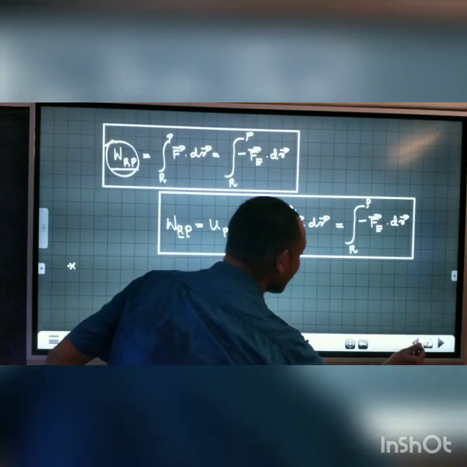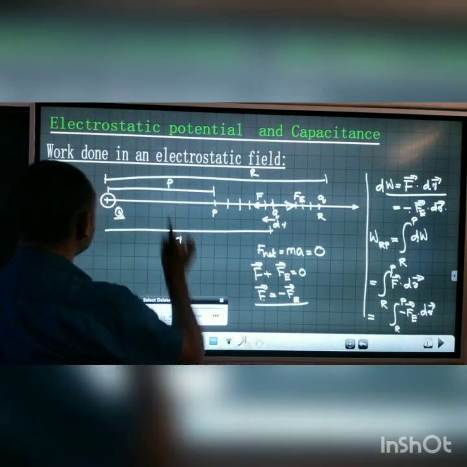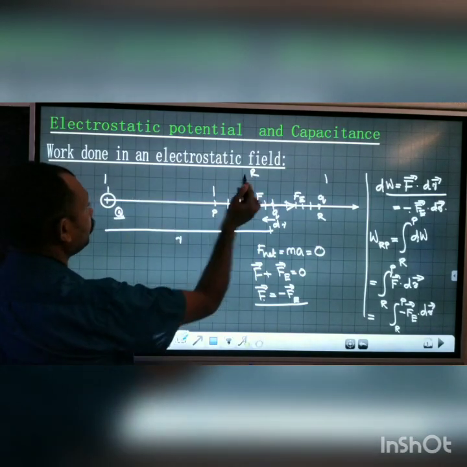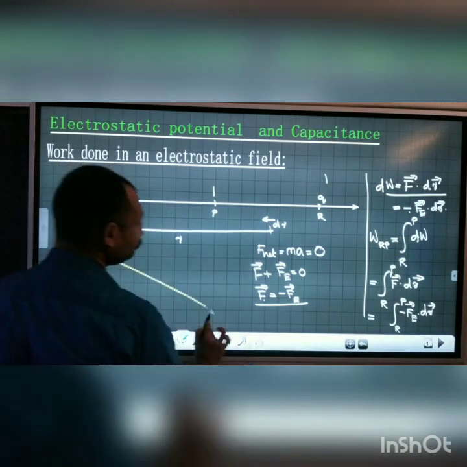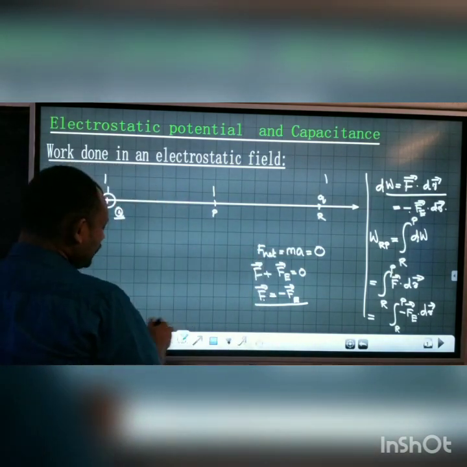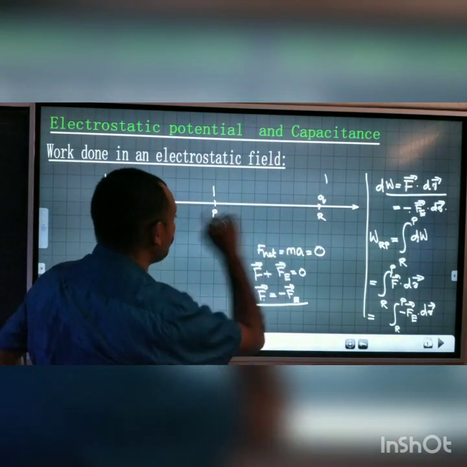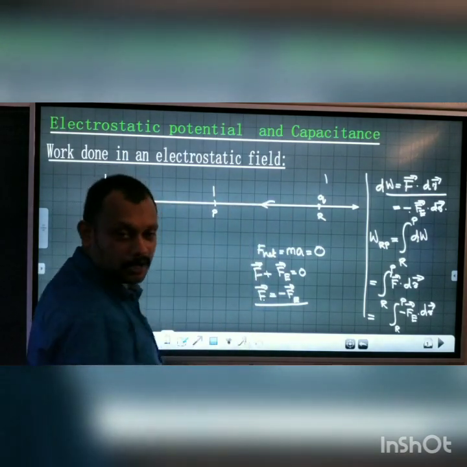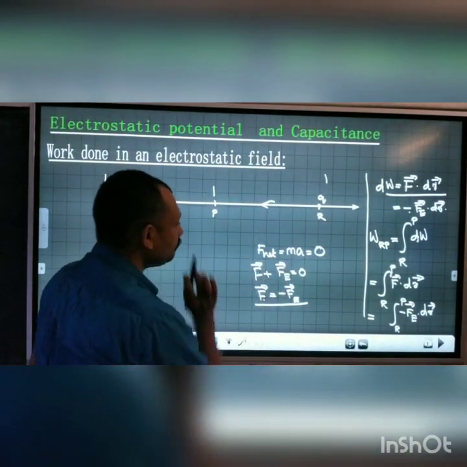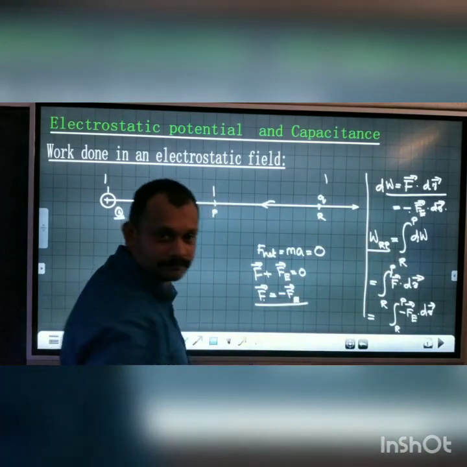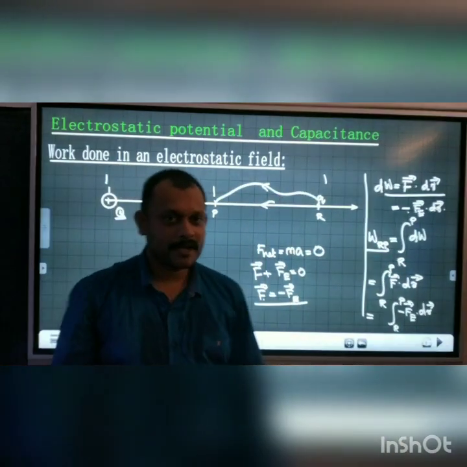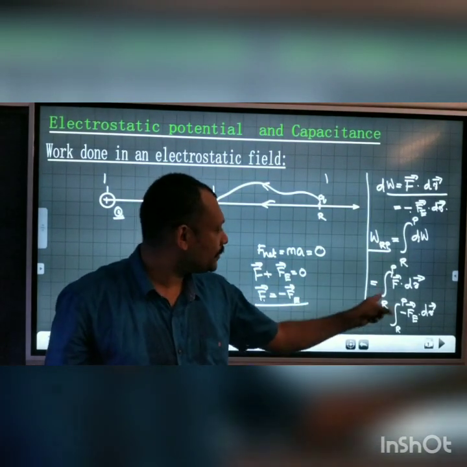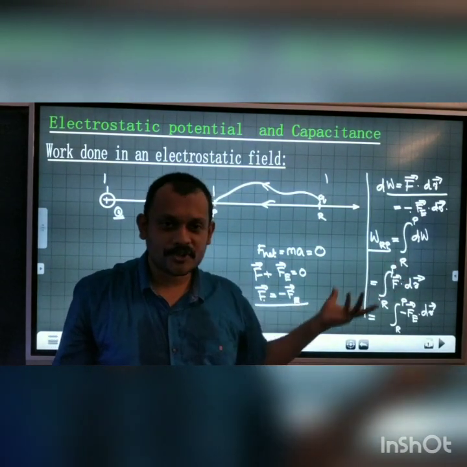So let me come back to the first slide again. Now I just erase this, and I could erase these things also. Now see, how should I take the charge Q from R to P? Should I take it in this path? Now what is the work done? The answer is WRP. If I take along this path, what is the work done? Again, it depends on initial position and final position only.